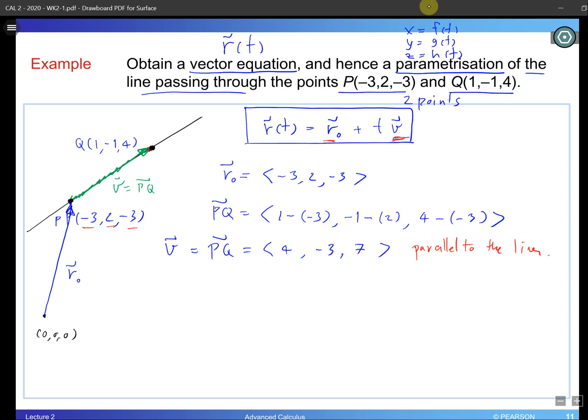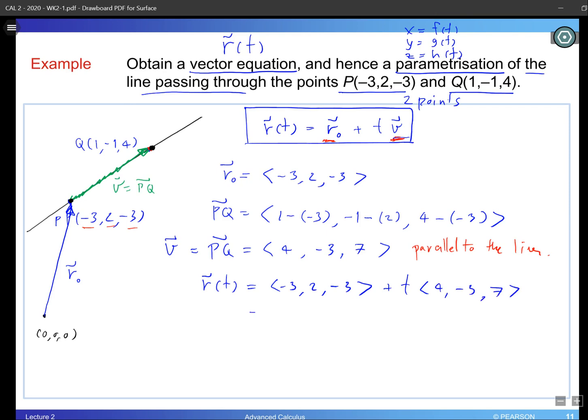Okay, now we have R0 ready. We have vector v ready. We just need to combine them. So r of t, the vector equation for this straight line, would start with the vector R0, which is (-3, 2, -3), plus t times vector v, which is (4, -3, 7).